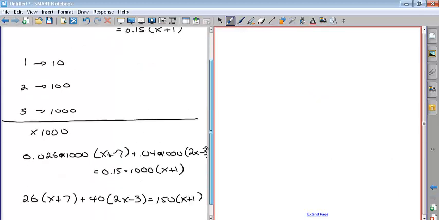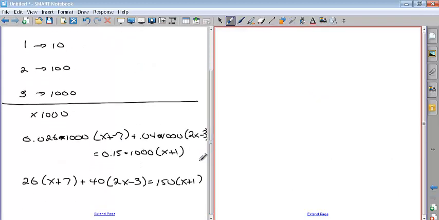Now we have a single variable equation in integers. So you multiply out all the terms and get rid of the parentheses. I'm going to use my calculator to multiply 7 times 26. That's 182.